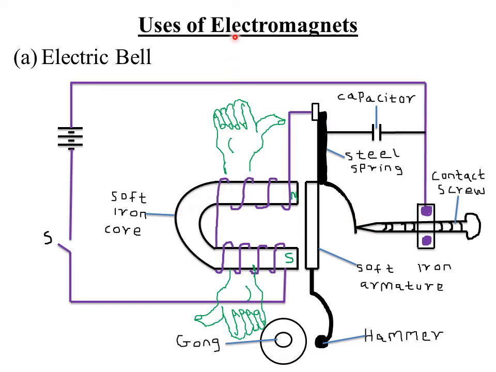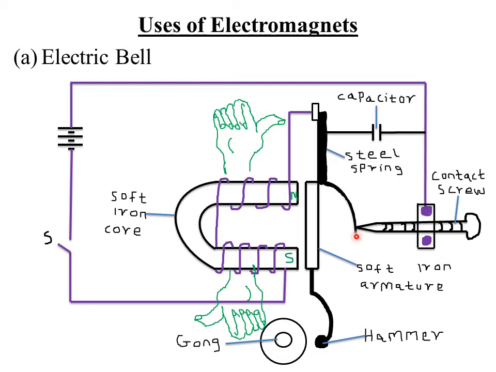That is why we are using an electromagnet, because a soft iron core is easily magnetized and easily demagnetized. So the attraction of the soft iron armature onto the poles of the soft iron core separates the contact, the contact between the screw and the steel spring.